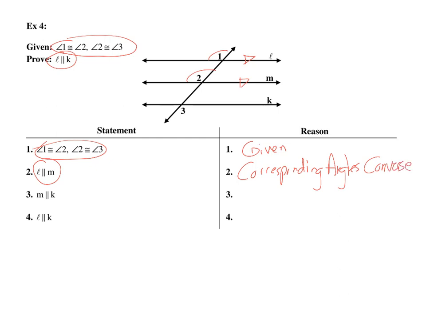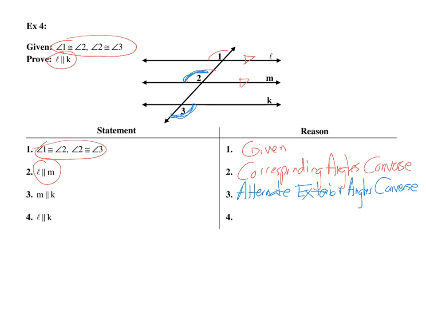All right, once again, converse is when you're given a reason for why lines are parallel. All right, then M is parallel to K. I know that these angles are the same. All right, these are alternate exterior angles. Alternate exterior converse.